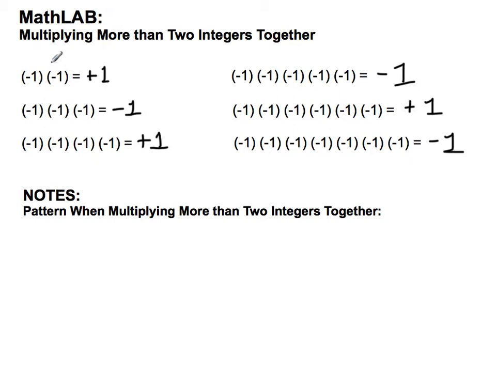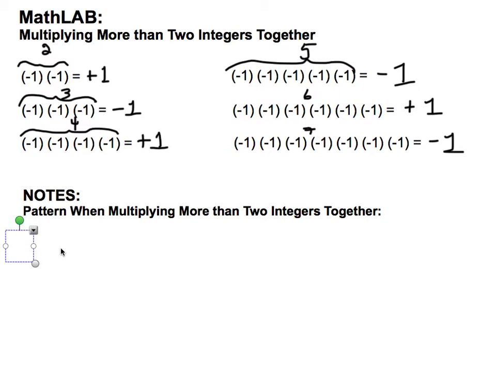Okay. So notice how many integers here I multiplied together. I multiplied 2 negative integers together. Look here, I multiplied 3 negative integers together. Here I multiplied 4. Here 5. 6 and 7 negative integers together. So what I was hoping is that when you were working together with your partners you would come up with the following rules.